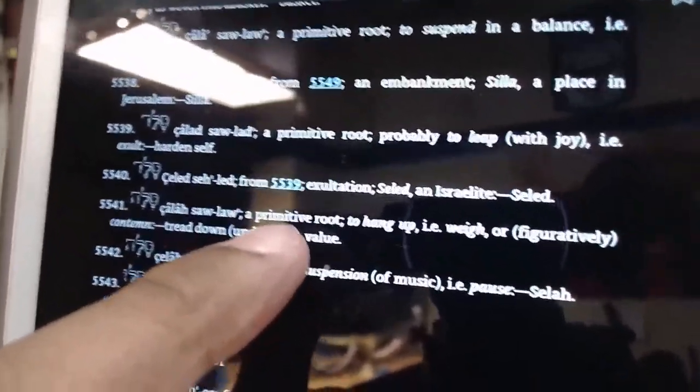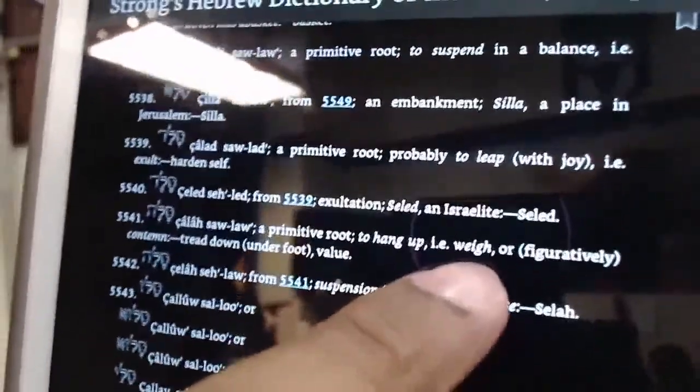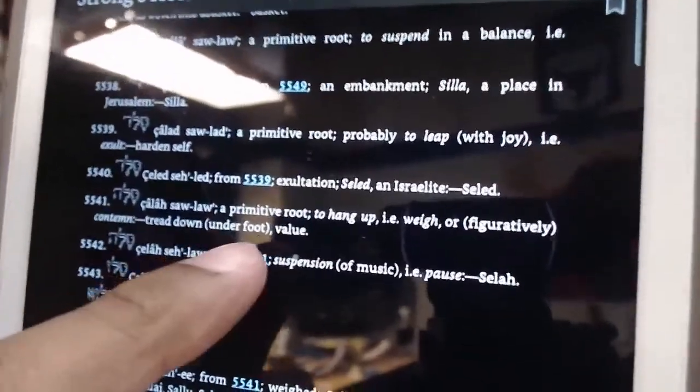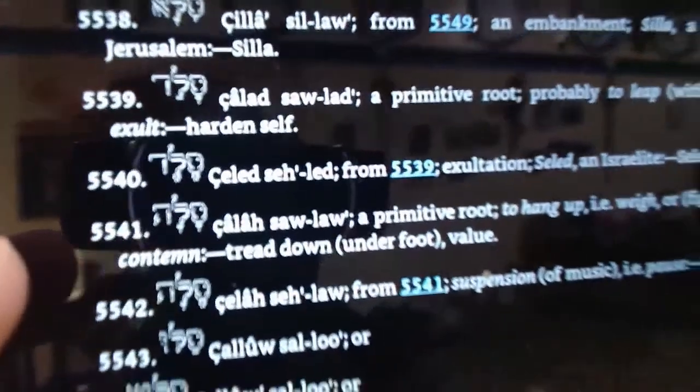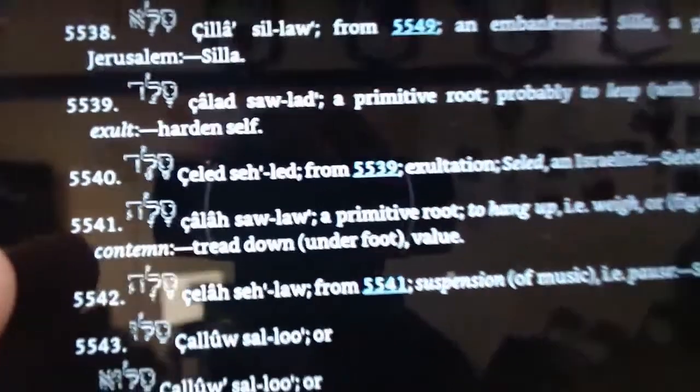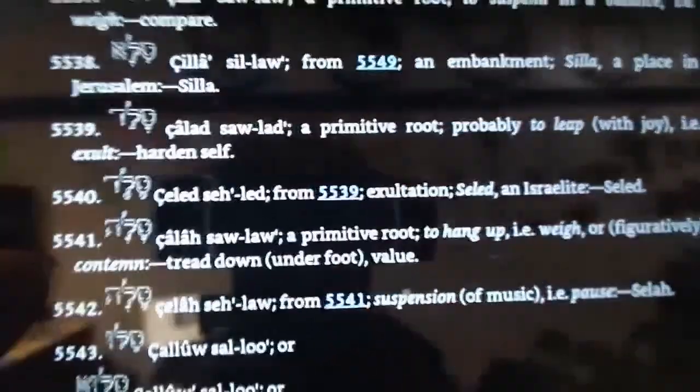It says a primitive root: to hang up, or in the sense of weighing, figuratively to tread down on the foot or to value. So I'd have to put 5541 in a concordance Bible and see how it comes up, and see how the Hebrew is written to say Selah.